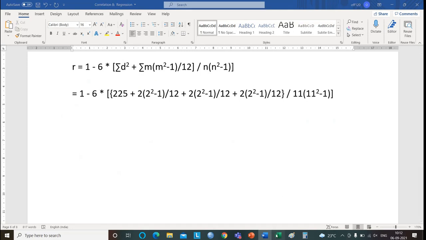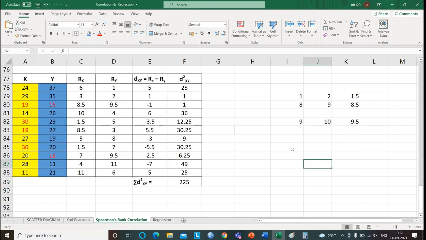Just to have clarity, let us suppose there is a tie between three ranks. Then we take the average of these three values. Let us suppose 30 is repeating three times. Then I would have to assign the ranks 1, 2, and 3. Now I cannot give that. Instead, I take the average of these values: 1 plus 2 plus 3 is 6, 6 divided by 3, so the average is equal to 2.